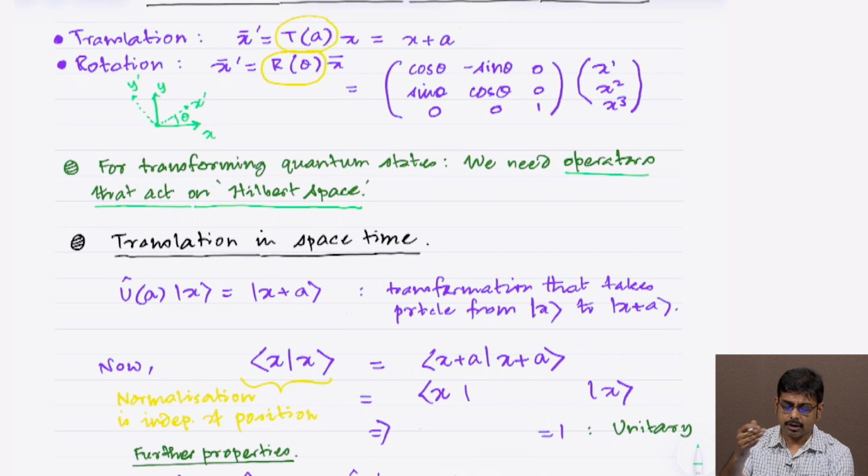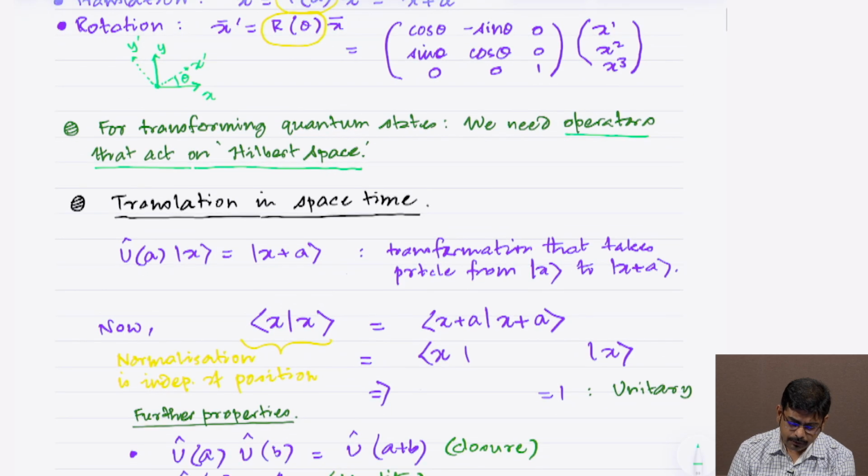Let us now try to see a translation in space-time for these different quantum states. If I take this operator U(a) acting on x and transforming it to position x plus a, this is how I define the translation in space.